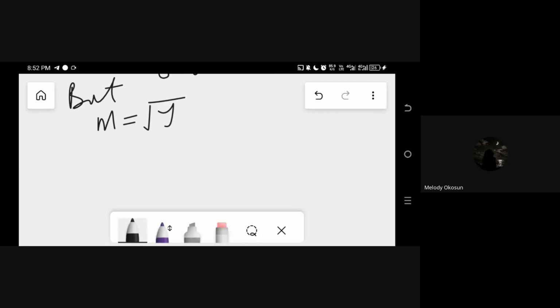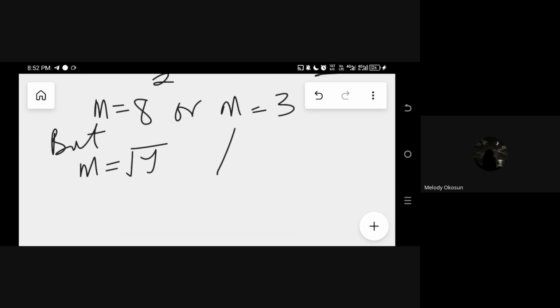That means m has two answers, right? When m is 8 and when m is 3.